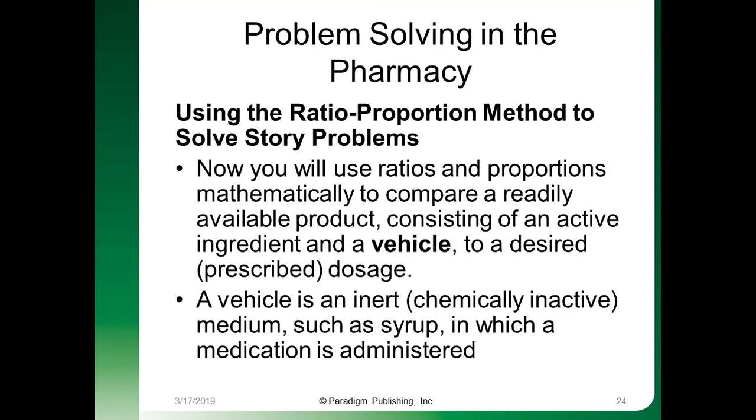So that vehicle can just be fillers in a tablet. Like we stated here, it's the syrup, but the medication is added to that syrup. So it's just a vehicle in which you're going to administer that medication.